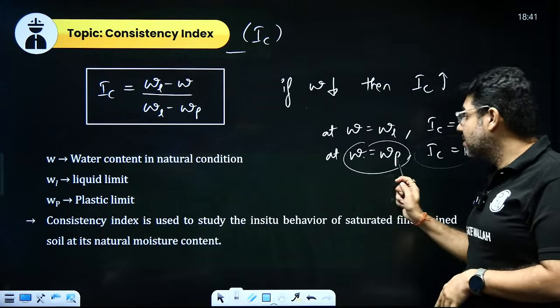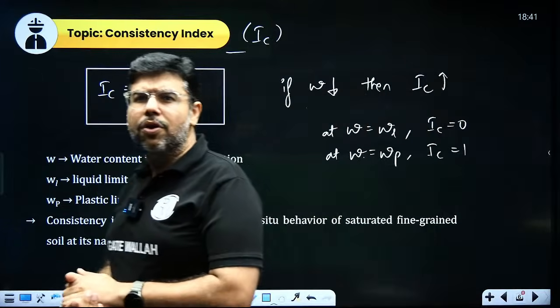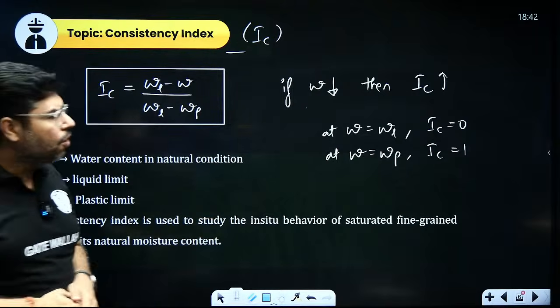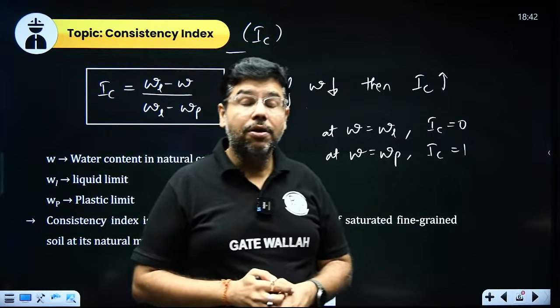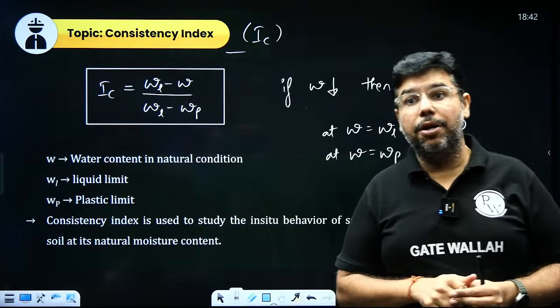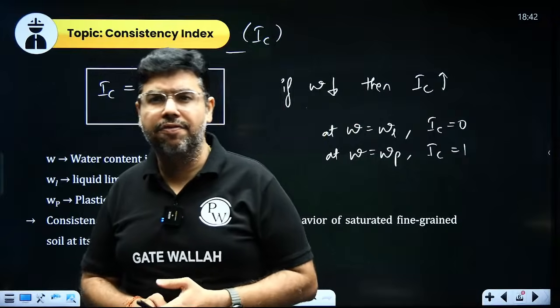But at plastic limit, different soils will have different strength or stiffness. But with the help of IC, you won't be able to compare, because for all soils at WP, IC is 1. So, to compare the stiffness, that is the toughness, of the soil at plastic limit, we have defined IT, the toughness index.